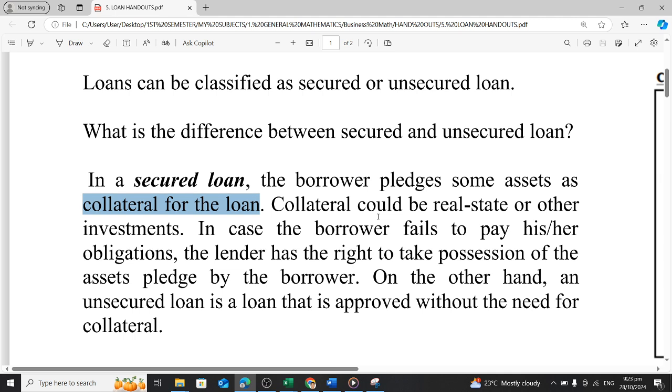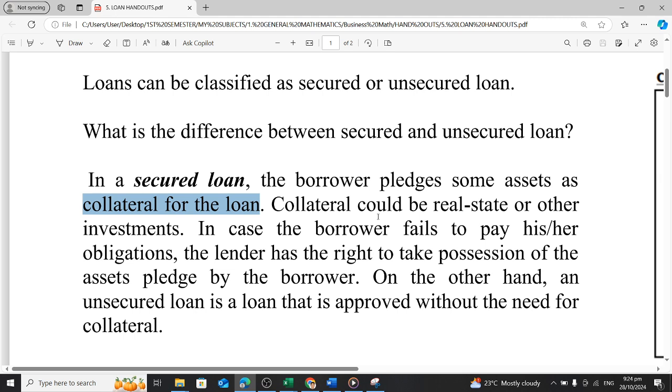In case the borrower fails to pay his or her obligations, the lender has the right to take possession of the assets pledged by the borrower. Meaning, if he cannot pay the money he borrowed, the lender has the right to take possession, like sakyanan, motor, or other belongings.